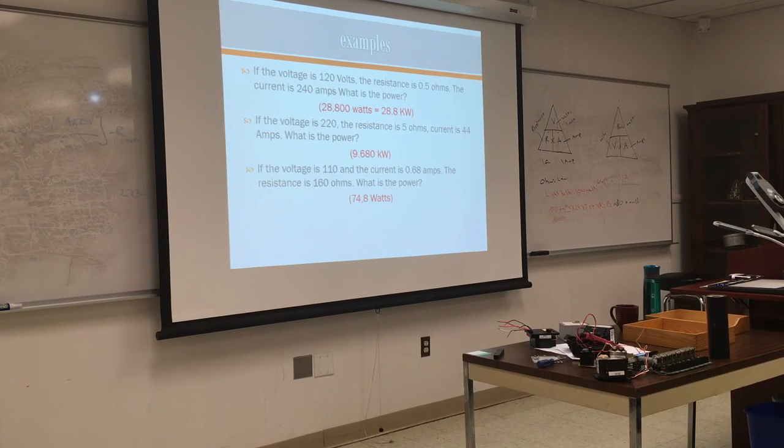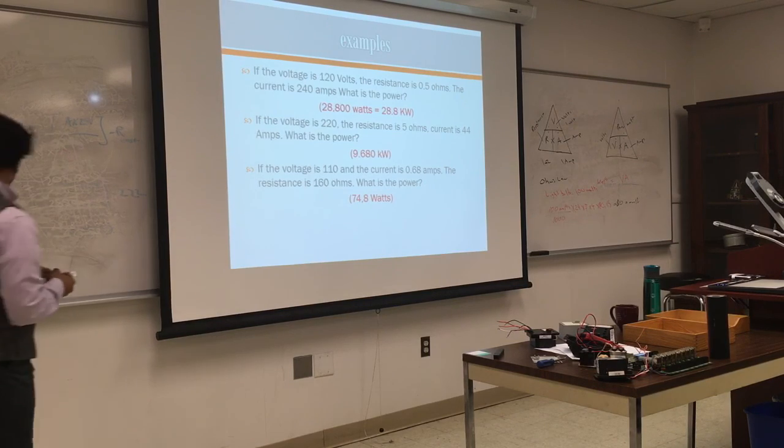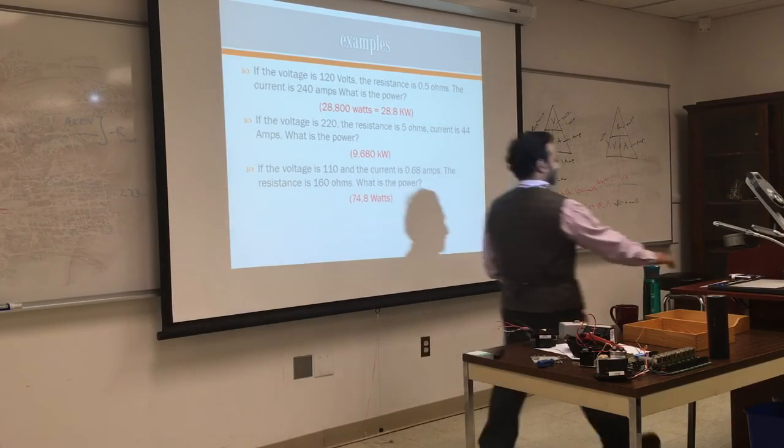So power will equal volts times amps, correct? You don't have the amps. I don't have the amps. So amps equal volts over resistance. I have the volts, 110, over the resistance, 200 ohms. That equals, calculator, do the number in here. 0.55.